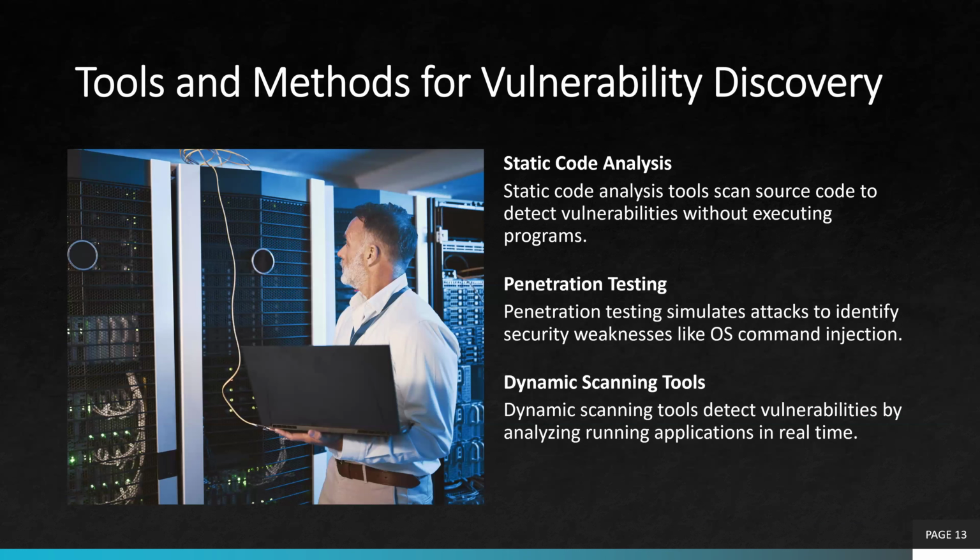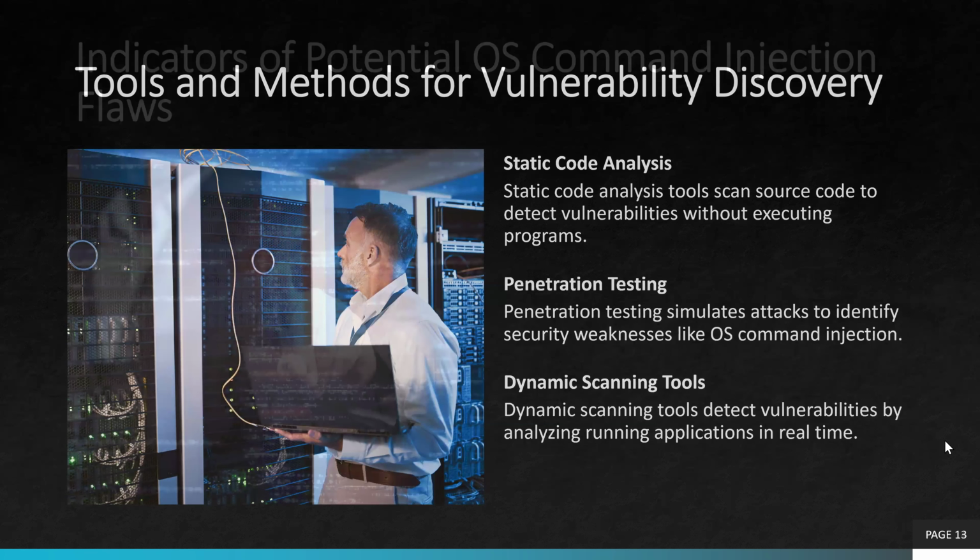Sometimes your security software is running dynamically to scan the operating system, application, database, everything, to make sure those applications are not susceptible or vulnerable. Dynamic scanning tools detect vulnerabilities by analyzing running applications in real time. That's very, very important.